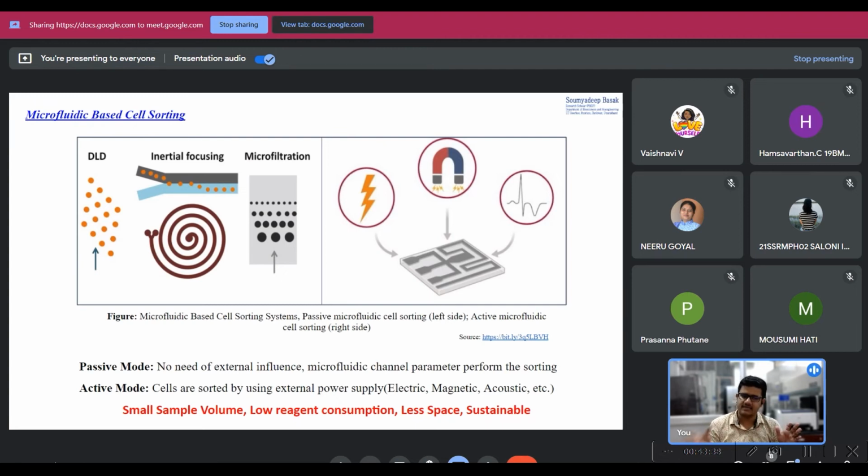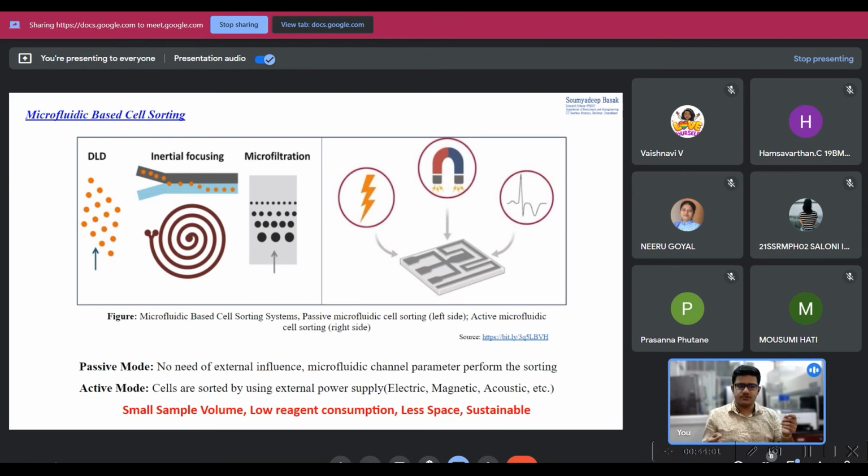But there is another mode that also employs this microfluidic based system, that is the active mode, where either electrical, magnetic, or optical based cell sorting can be performed. See, the microfluidic platform can be fabricated with very transparent material, as well as with various kinds of probes.